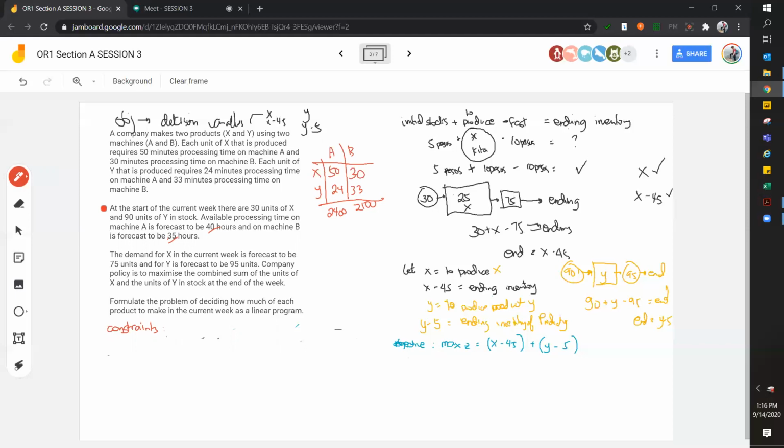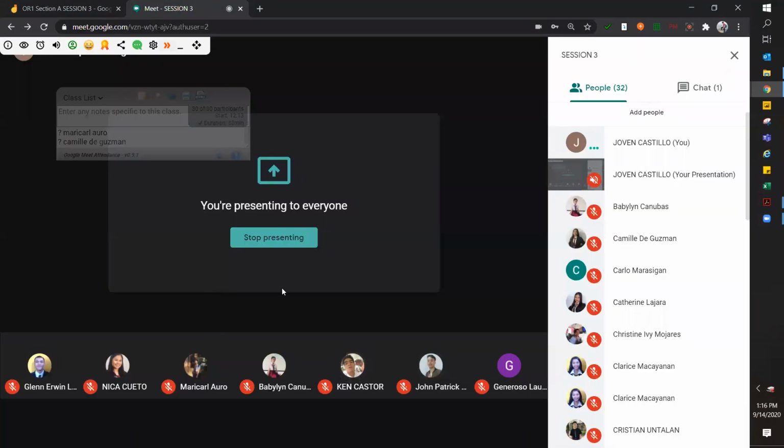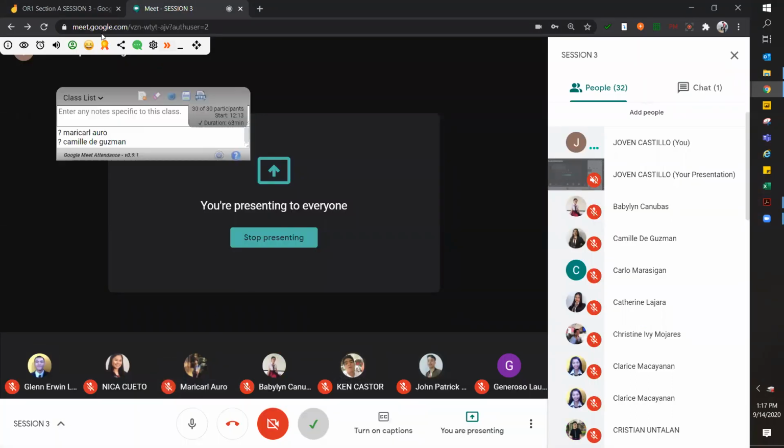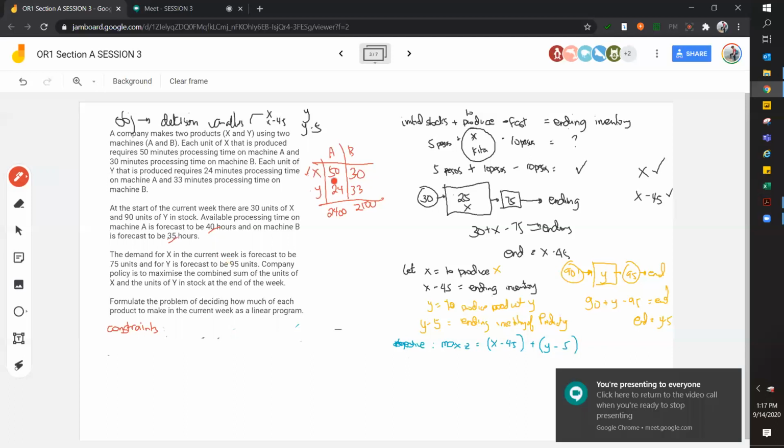Okay. So, ilagay natin yung constraint. Again, ano nga yung x natin dito? Ano yung y? Ano ibig sabihin ng x dito? Guys, ano po ibig sabihin ng x dito?